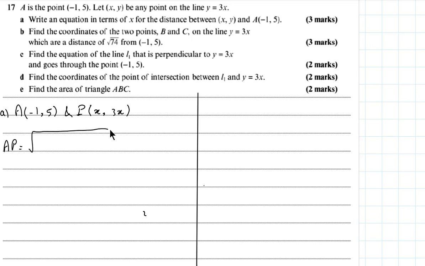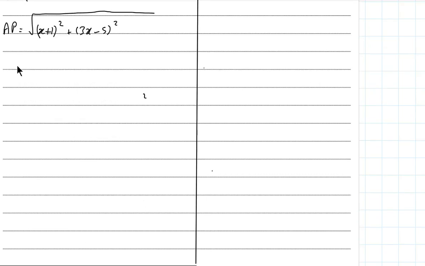And then to get AP, it will be square root of the difference of x squared. It will be x minus negative 1, which is x plus 1, all squared. And then 3x minus 5, all squared.